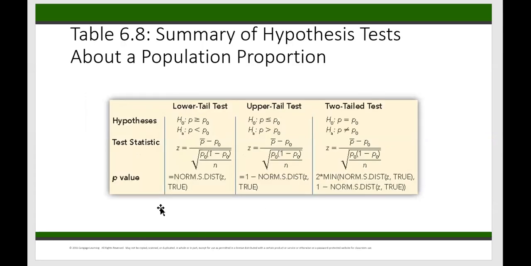So here I have different types of tests: lower tail test, upper tail test, two-tailed type of test. And then depending on the region in which I am rejecting the null hypothesis, the type of test is determined and defined. So for example, here P stands for population proportion, and P0 stands for the hypothetical value for population proportion.